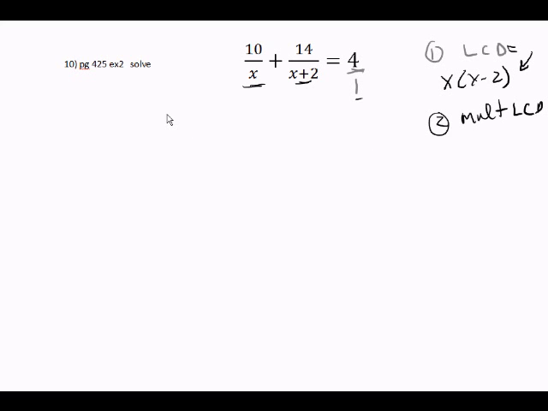We're going to multiply each term by the LCD. So I'm going to do 10x, and then I'm going to multiply it by the LCD. Not just each side, but each term. And I'm going to multiply this by x times x plus 2. Then I'm going to go plus.